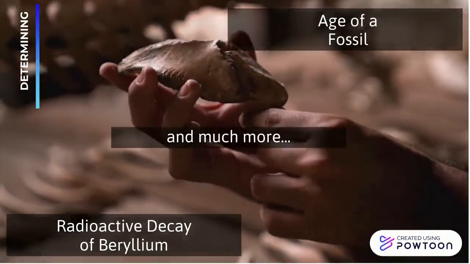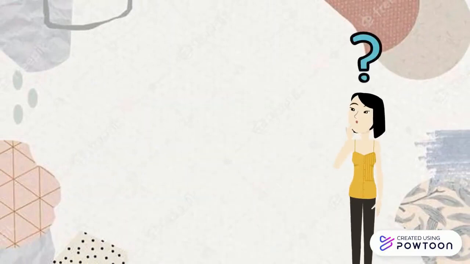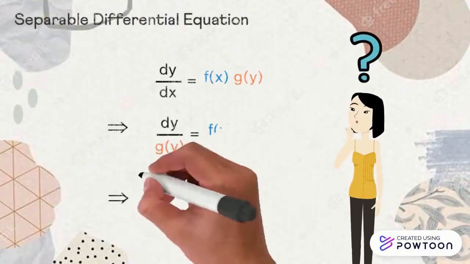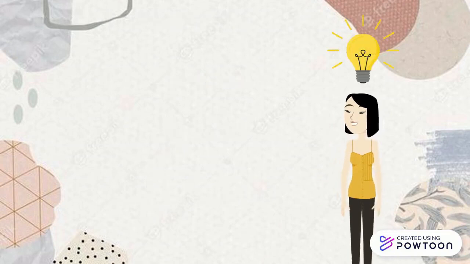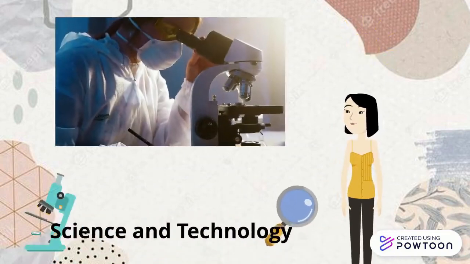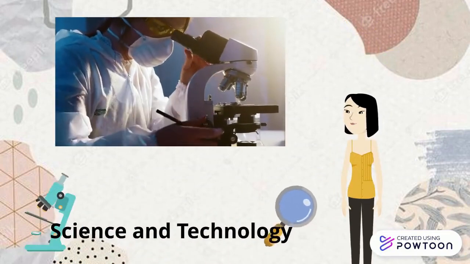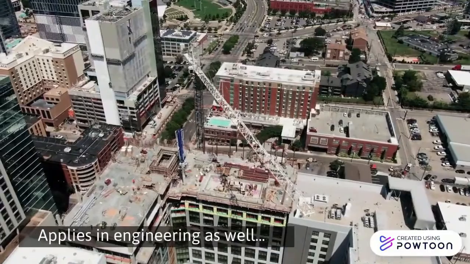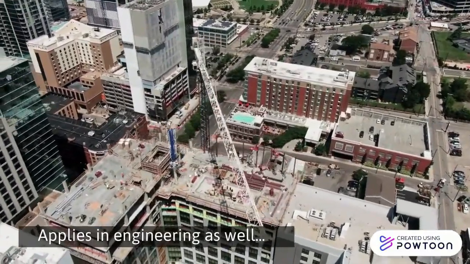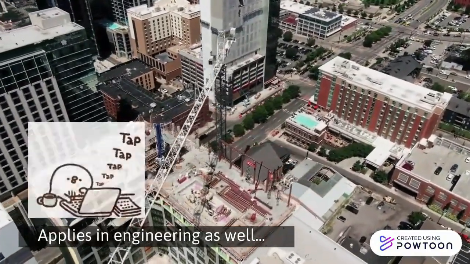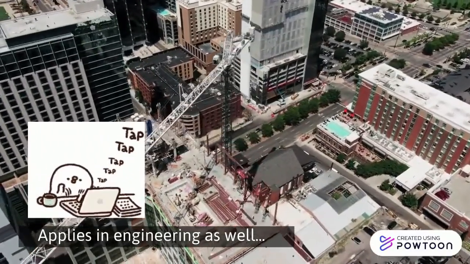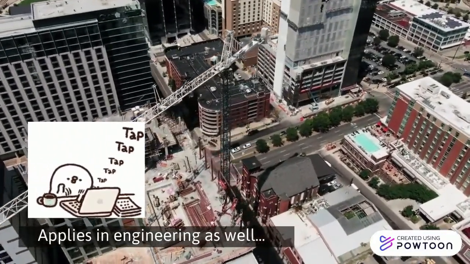We might not have noticed this, but a separable equation can be utilized as a research method to gain more information in the aspects of science and technology. As engineers, we might apply this kind of concept in real-life jobs, so it is essential to learn this to sharpen our analyzing skills later on.